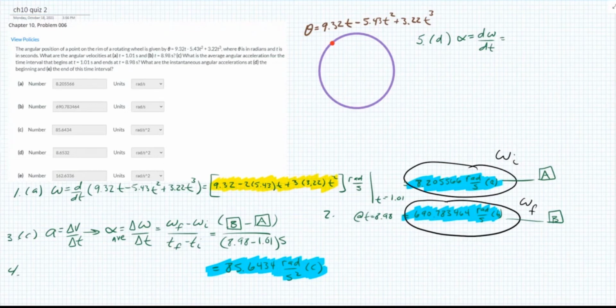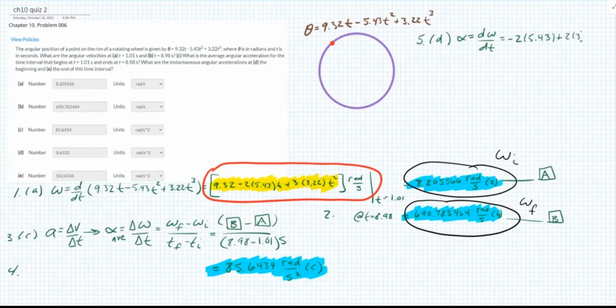I'm going to take the first derivative of this expression for angular velocity. And if I do that, I'm going to get negative 2 times 5.43 plus 2 times 3 times 3.22 times t.